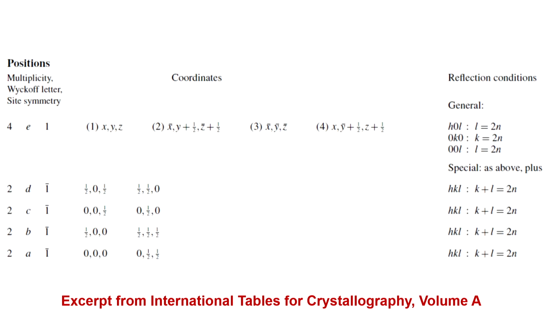So, I have 4 terms here. One can write down the structure factor for all of these 4 terms. Here are the general conditions given. I will just consider one of them. Let us consider this particular one and write the structure factor for this.